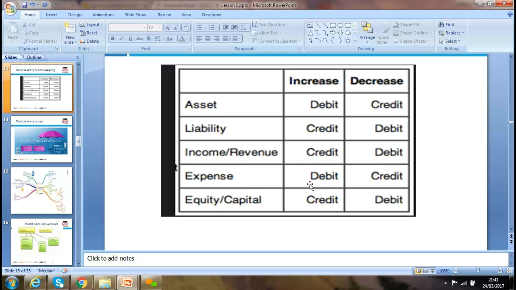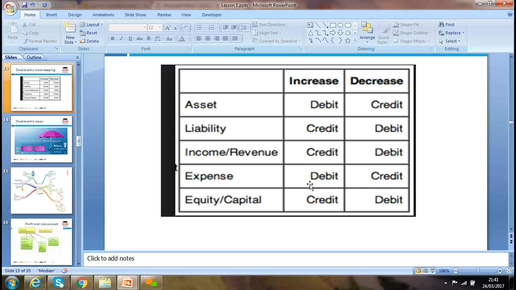Expense is a debit. When expenses increase, like when we pay stationery expense, advertising expense, or patent copyright expense, we call debit. Debit means expense is a debit.